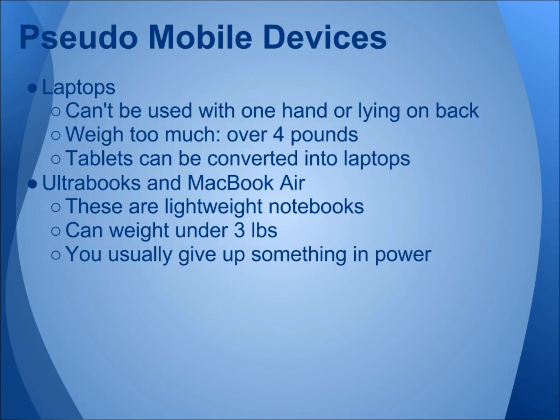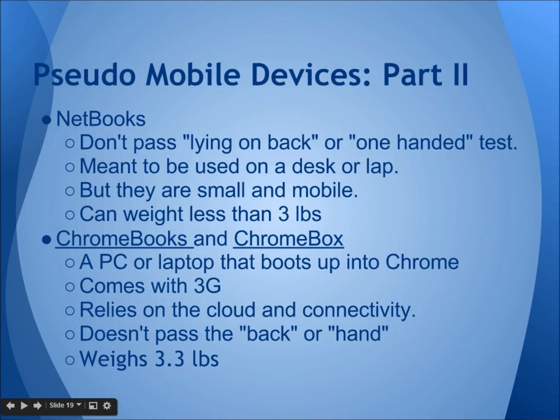And that's sort of an interesting thing. The Ultrabooks and MacBook Air, all these things aren't really mobile devices the way I think of them. My point here is that netbooks, laptops aren't really mobile devices in my conception of them. The netbooks, for instance, they don't pass this line on the back test. They can weigh less than 3 pounds, but still they're a little different.